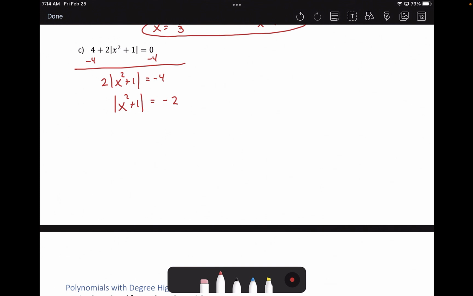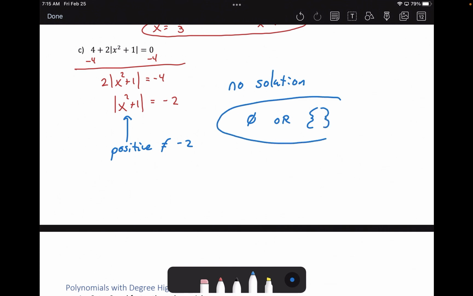Now there's a problem with this, because no matter what happens on the inside, the absolute value will make this a positive number. And we can't have a positive number equal to a -2. That's not possible. So this equation has no solution. And again, the way we write that is 0 with a line through it, or you may see it written as the empty set. Those both mean no solution.